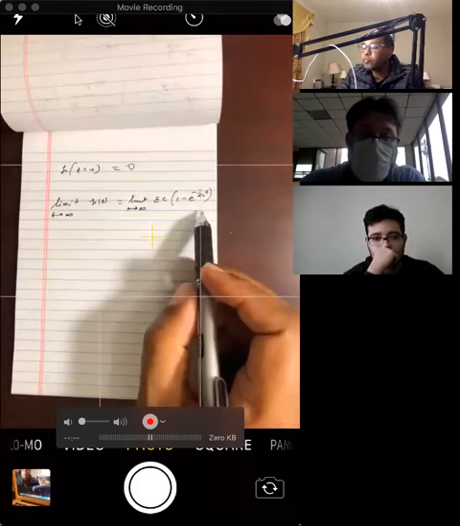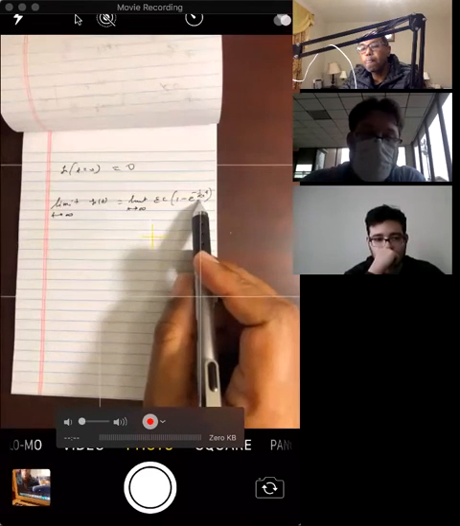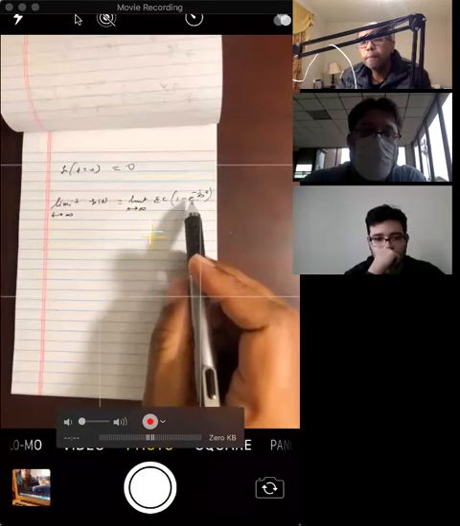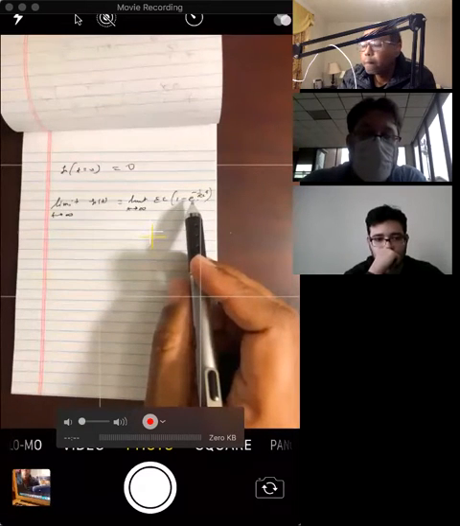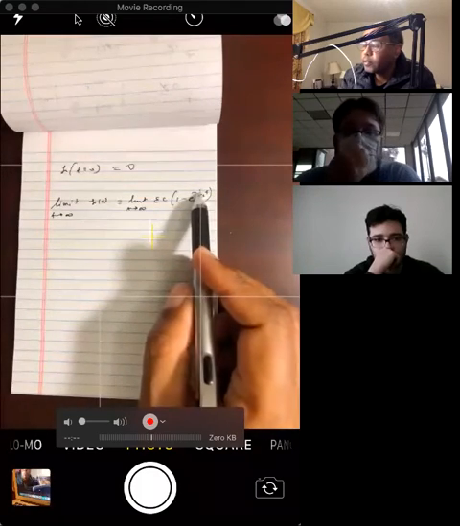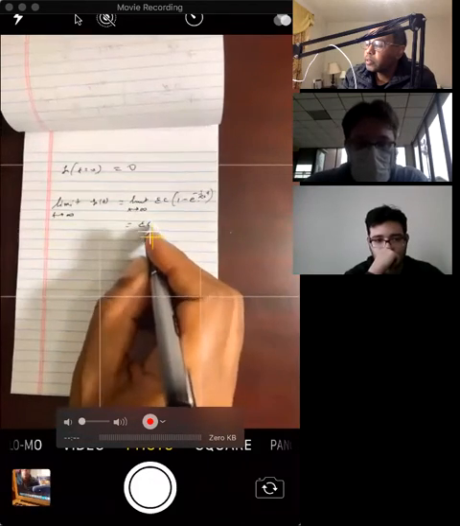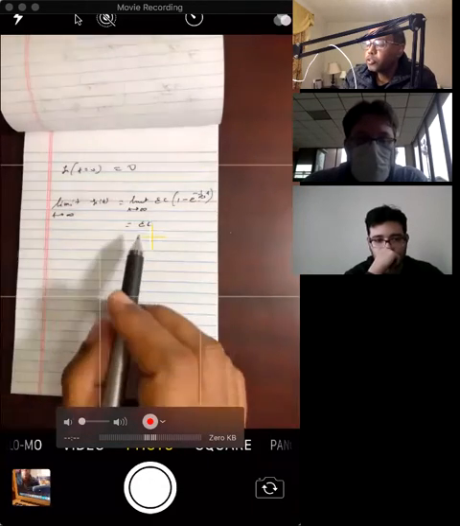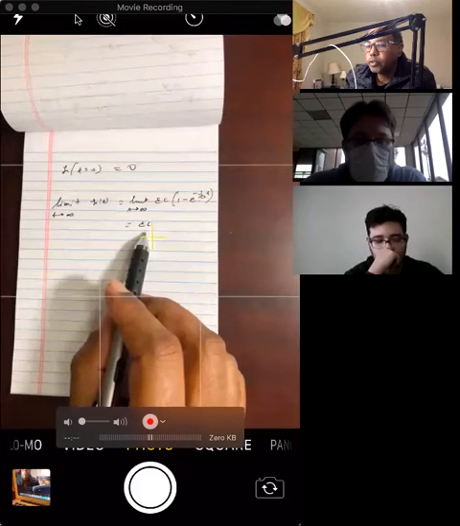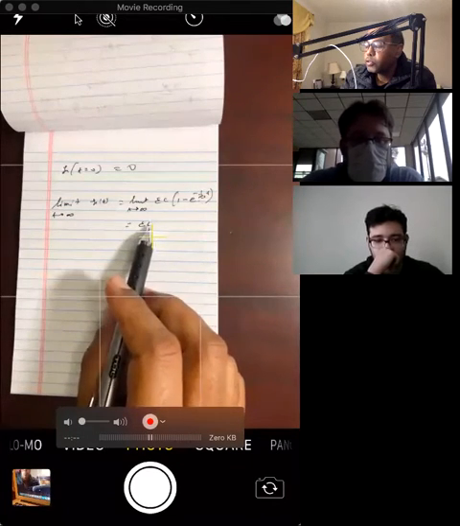What's the limit of this exponential as t approaches infinity? 0, because the exponent is negative and goes to 0. Very good. So it just becomes E times C. This would be the charge of the capacitor at infinity. So it starts from 0, and at infinity it approaches this value.